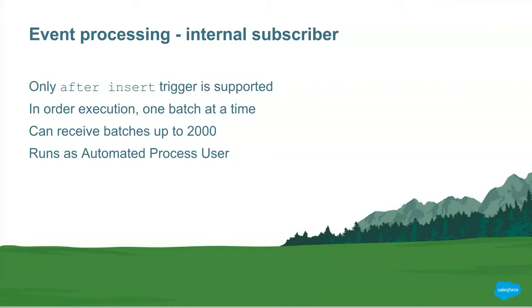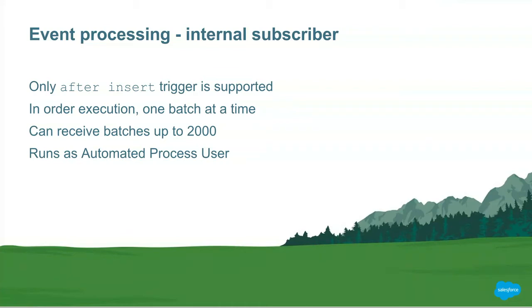You can guarantee that you will process your events in the order that they were published. Unlike standard triggers, which cap out at about 200, we do allow more, to around 2,000. Events are typically very small. You just want to describe a thing that happened and not pack in all the data about the thing that exists. So because they're smaller, or they're supposed to be smaller, we can allow you to receive larger batches of them.